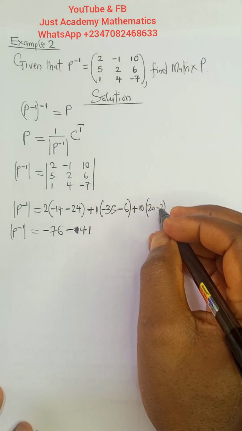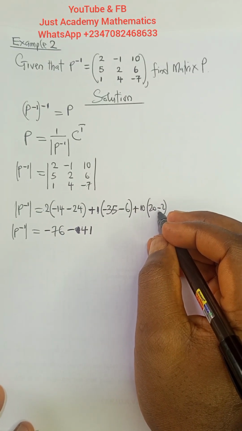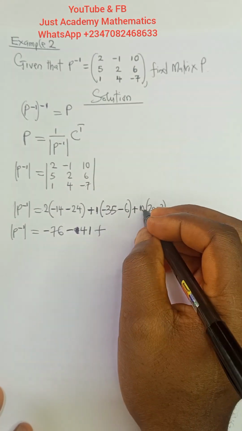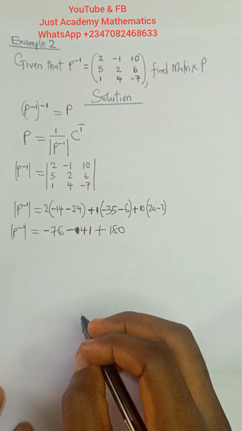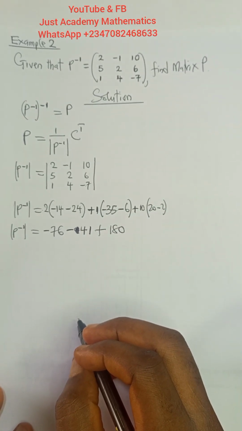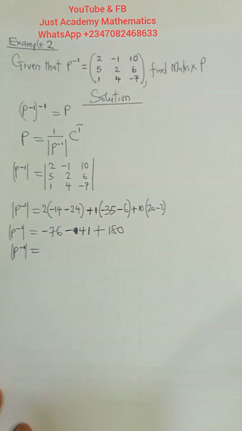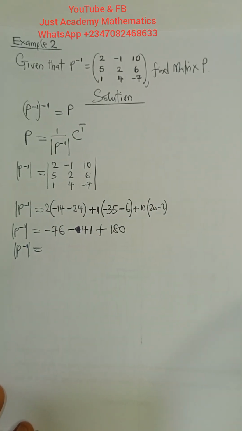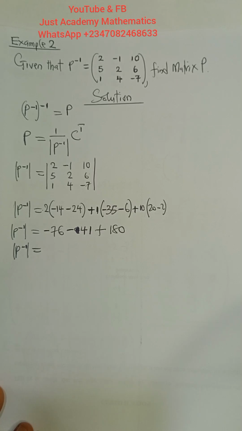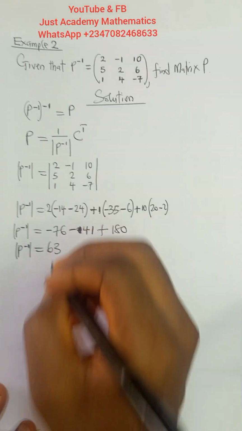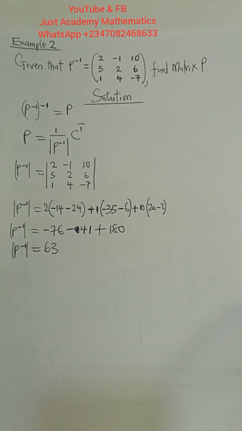Are you with me? Then this is 18. 18 times 10 is 180. So the determinant of P inverse is now what? 180 minus 76 minus 41. If you do that, we have 63. So that is the determinant of P inverse.